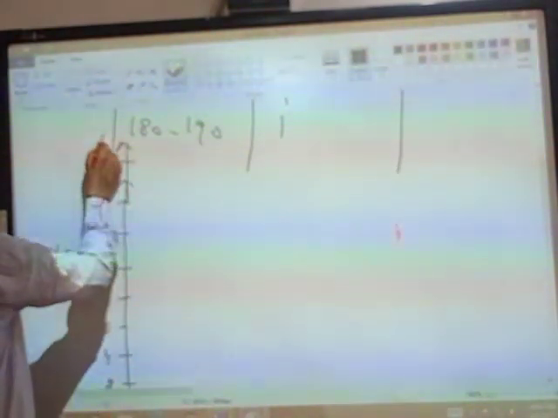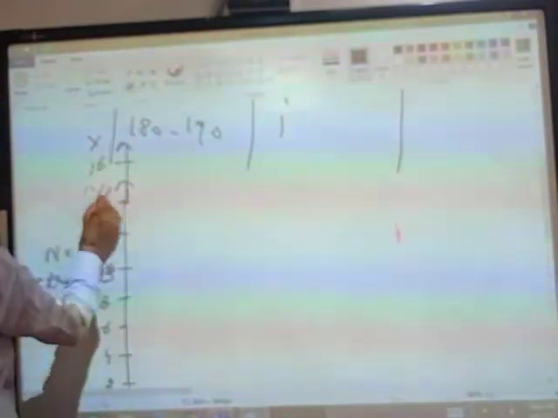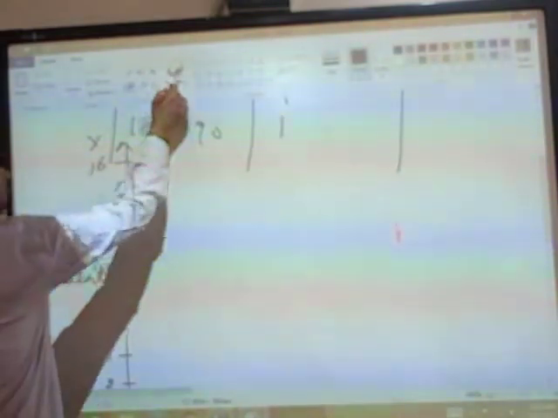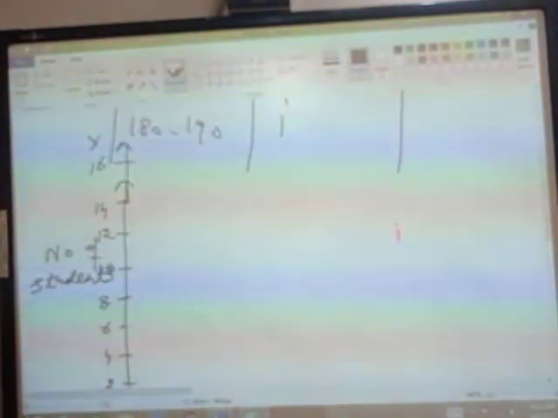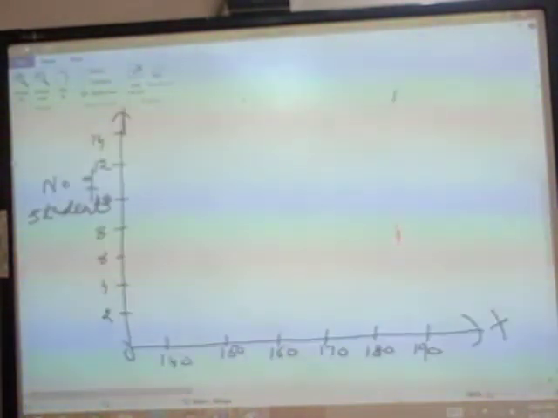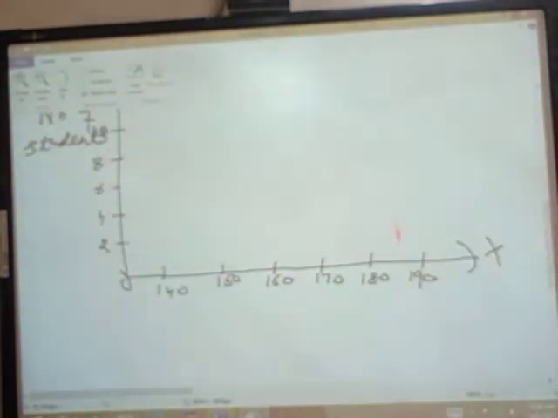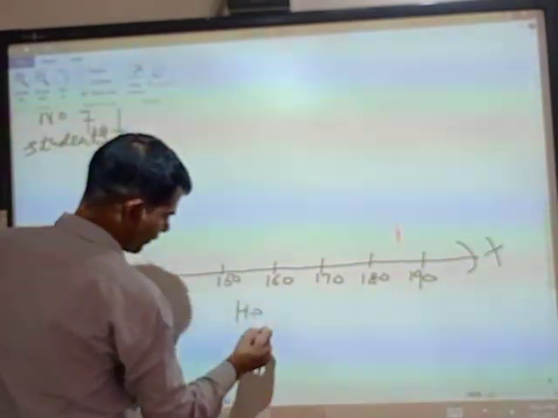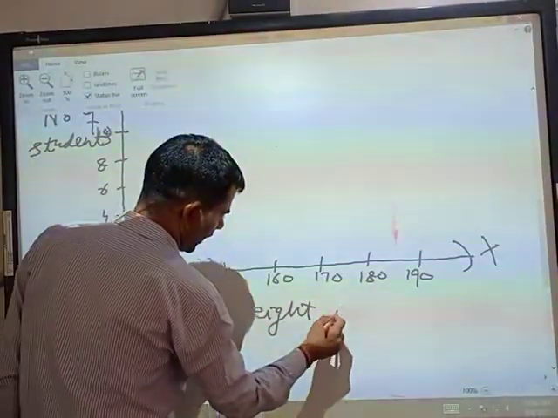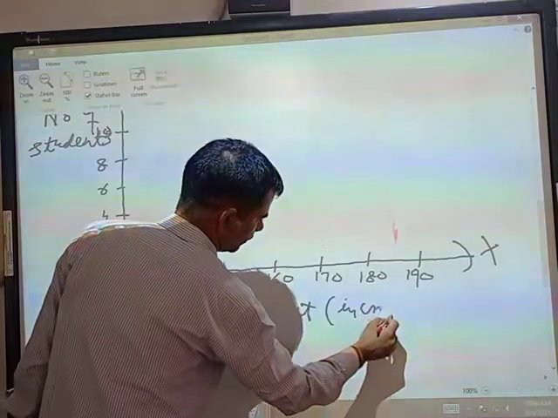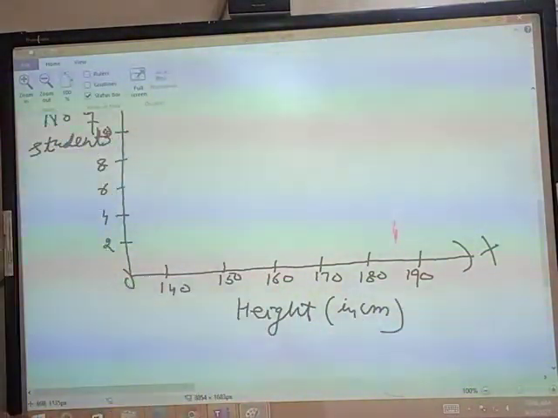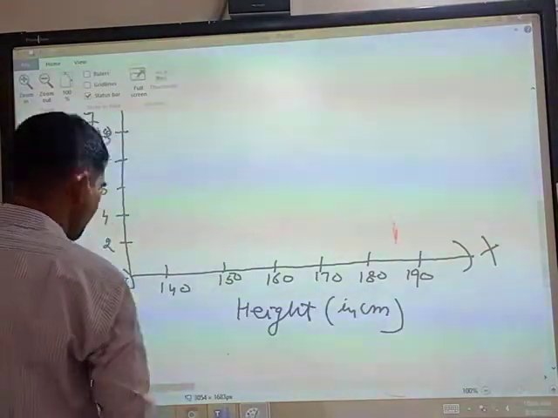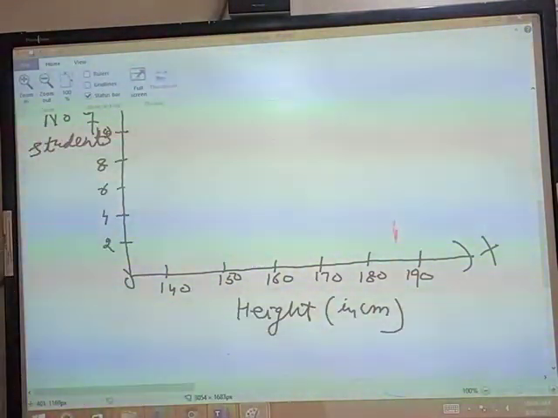That is your y-axis. Now this is your height, height in centimeters.